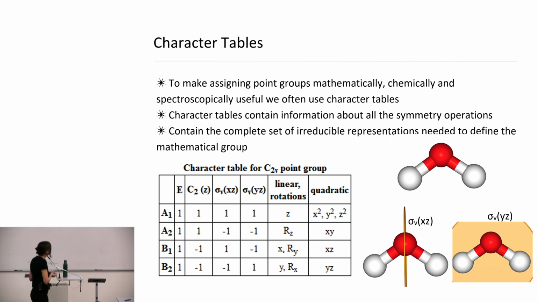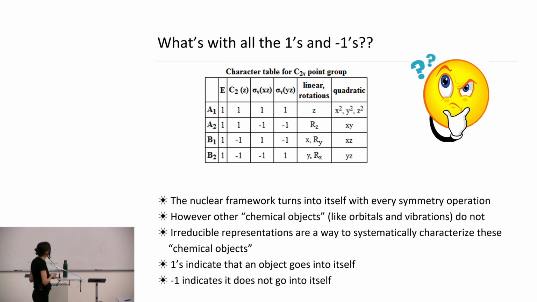And so in order to do this, we actually organize all of the symmetry operations into these character tables, where basically we have every symmetry element in the top row, and then we have below that these irreducible representations that contain the complete mathematical definitions needed to define that group.